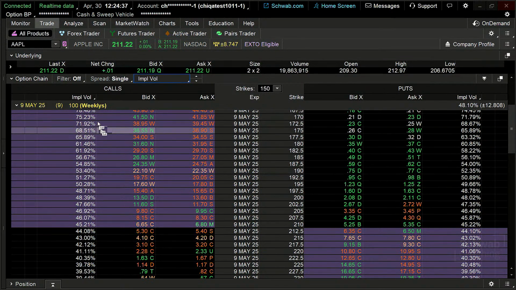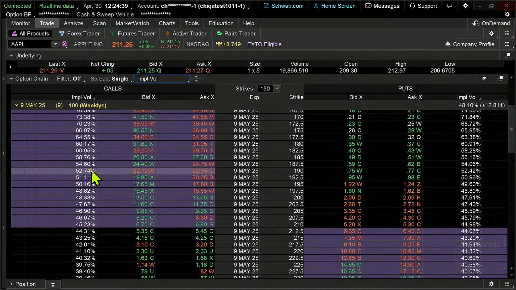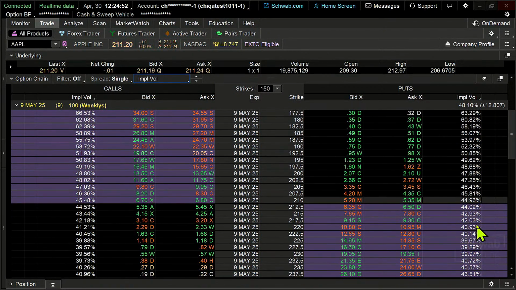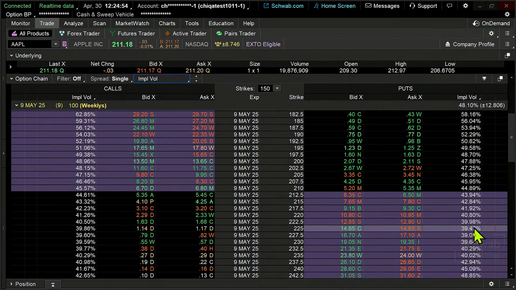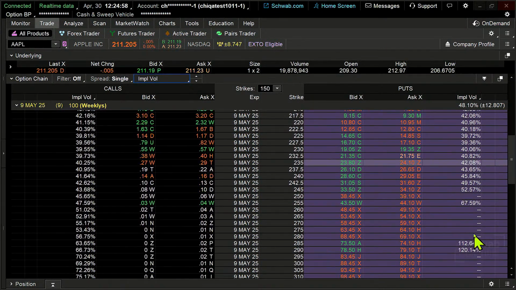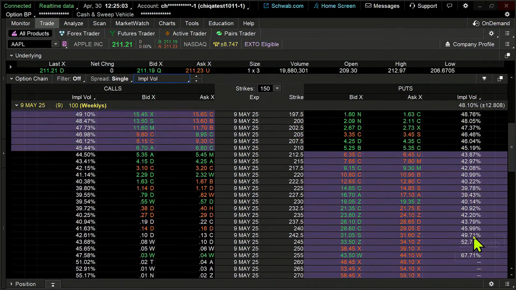So I can show that implied volatility here on the option chain for each one of my strike prices. So I can see the level of inflation for each one over the level of price inflation for each one of those particular strike prices. And again, disparity. Now, here's something to think about, right? Implied volatility is going to be a function of supply and demand.